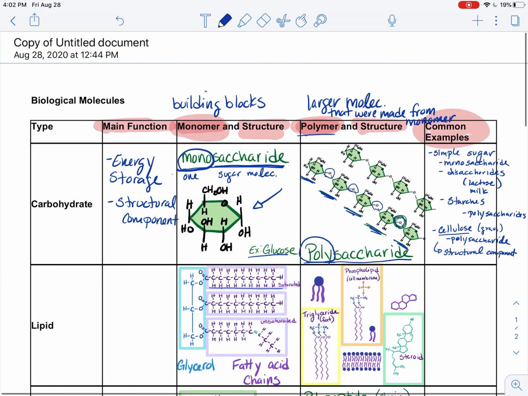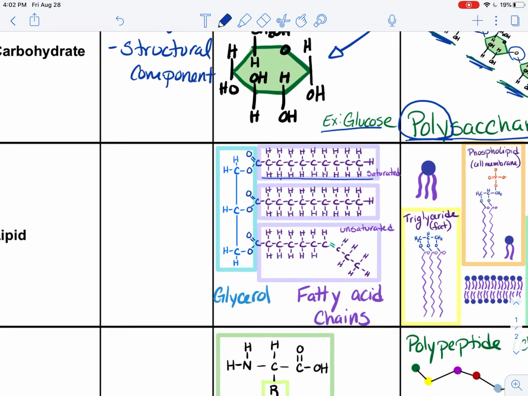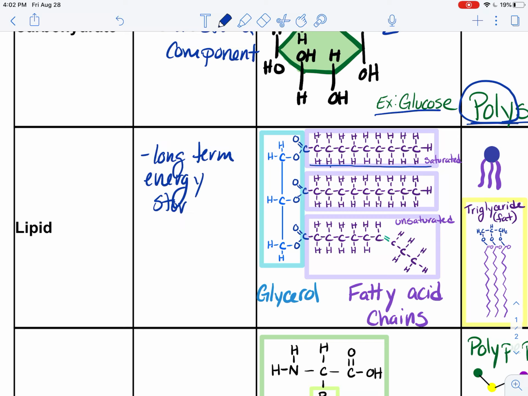Our next biological molecule that we're going to talk about are lipids. So lipids also do some long-term energy storage. Once you've depleted all of your carbohydrates or a lot of that easy energy, your body will start to utilize fats or lipids of your body in order to also get energy.